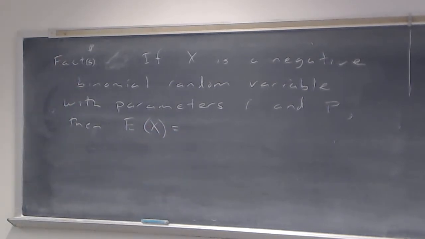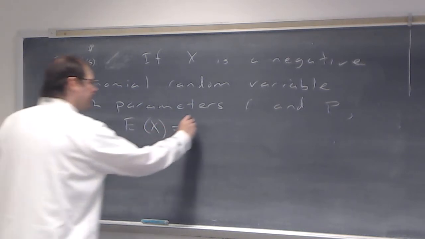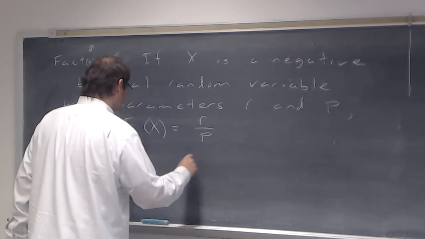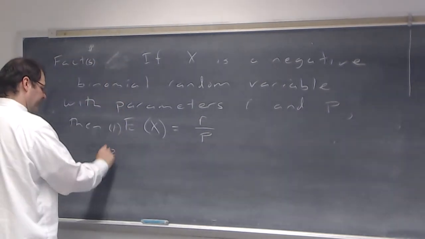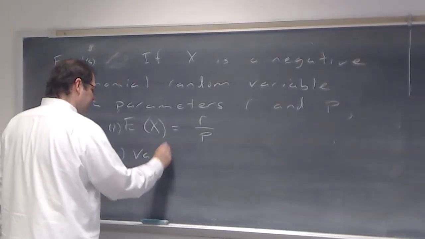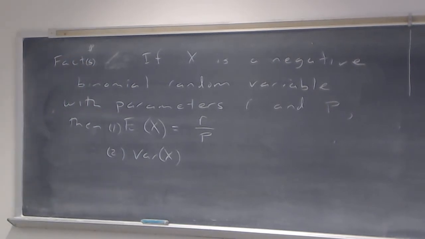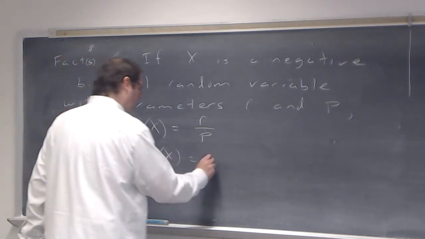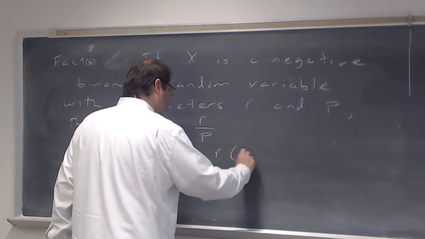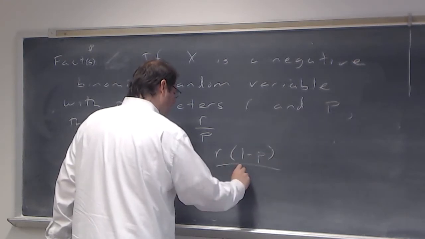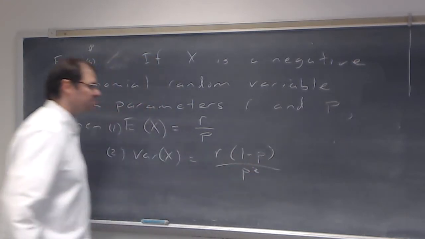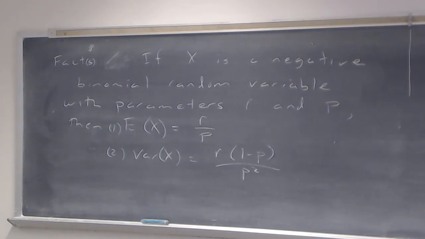If you remember, the expected value for a geometric was 1 over p. And two, the variance of X. For a geometric, I think the answer was 1 minus p over p squared. For a negative binomial, it's r times 1 minus p over p squared. Okay, so those are those extensions that I was talking about.